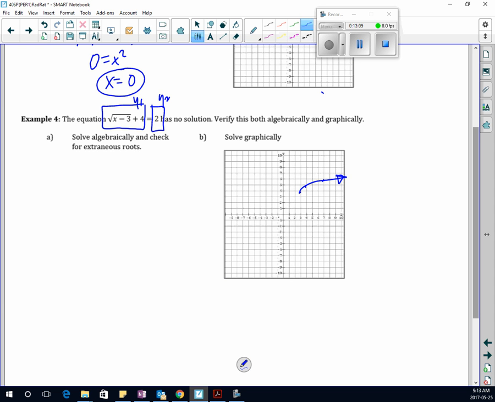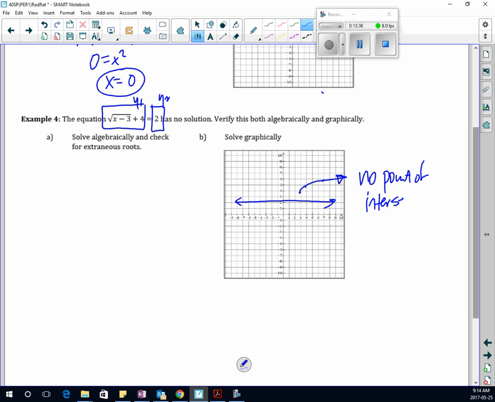Yes? And then how do we graph y equals 2? It's a constant line going like that. So does everybody see why there's no solution? No, it doesn't have to do with the fact that it doesn't have an x-intercept. There's no intersection. Yes. No point of intersection.